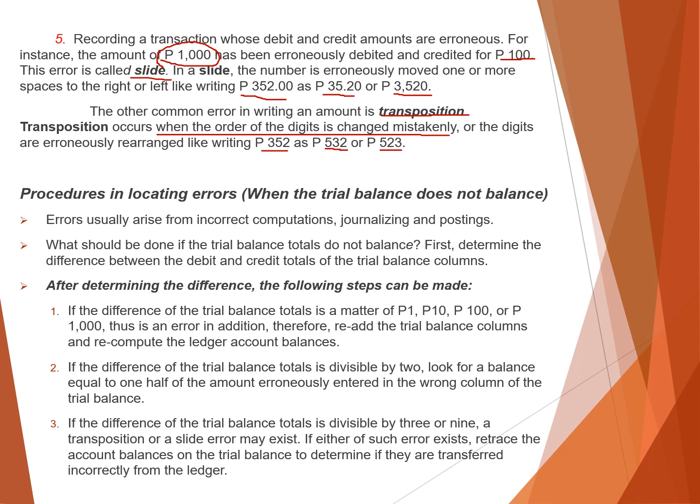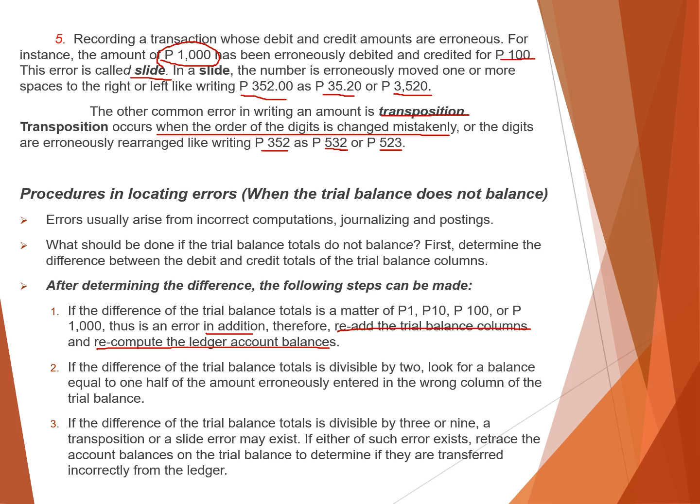Pag minusin mo daw yung total ng debit and credit. Now, if the difference is a matter of tens, hundreds, and thousands, then the error ay sa addition. Kaya ang kailangan mo daw gawin ay i-re-add mo column o kaya i-recompute mo yung ledger account balances kasi nga baka meron kang mali sa calculation.